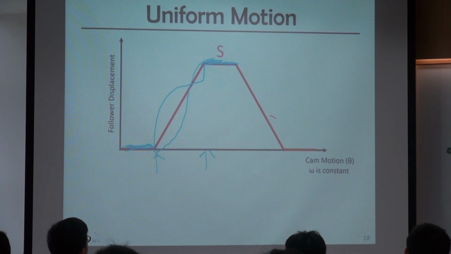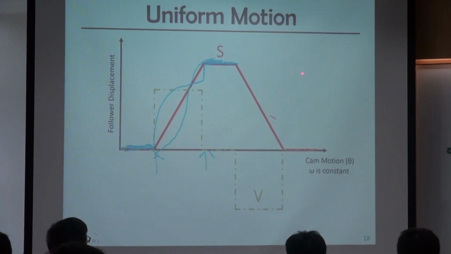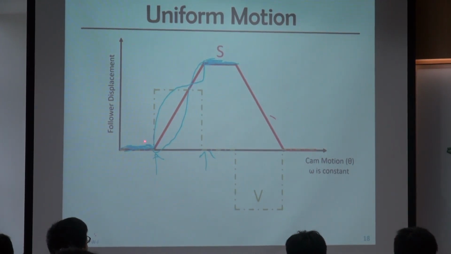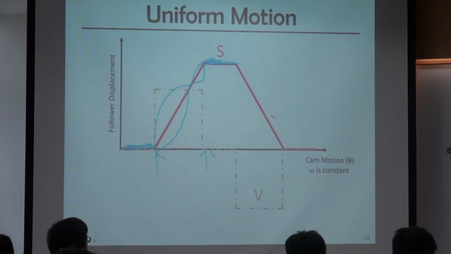But we found it's not a very good option. For displacement, it looks okay, but for velocity, you will see the velocity will suddenly change at this point. It will change from 0 to a certain value at this moment. If the velocity looks this way, which is not continuous, then when you take a time derivative of it, you will get infinite acceleration.